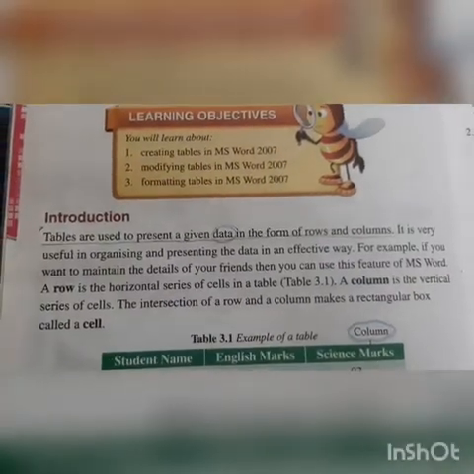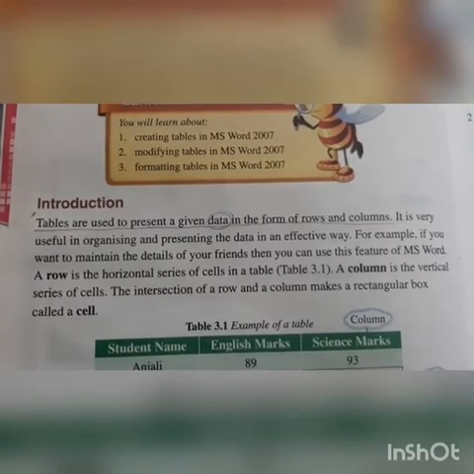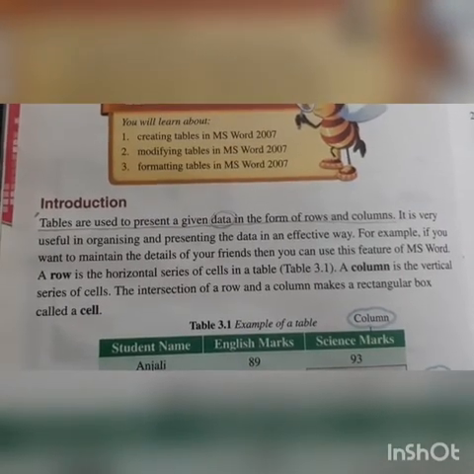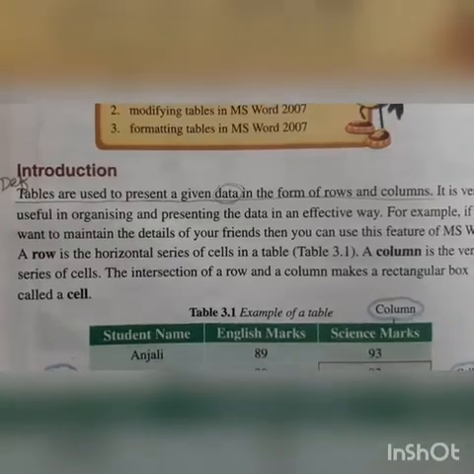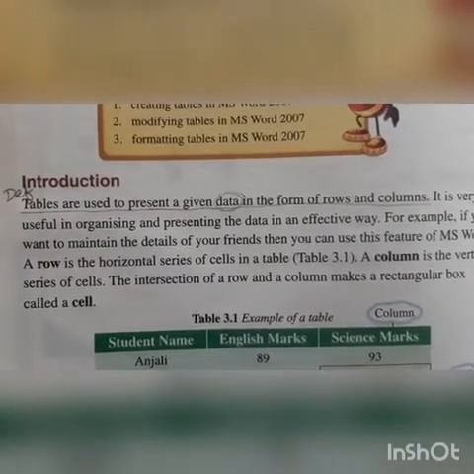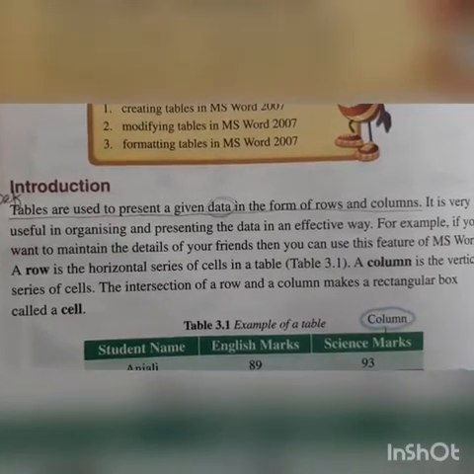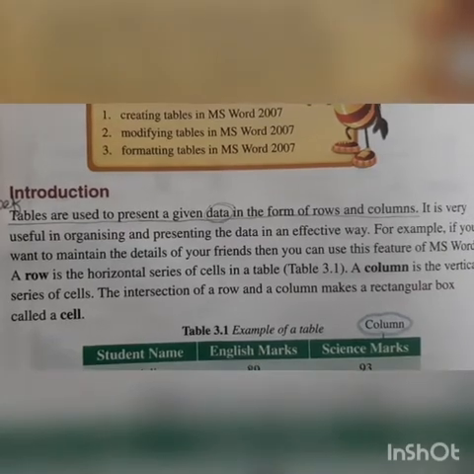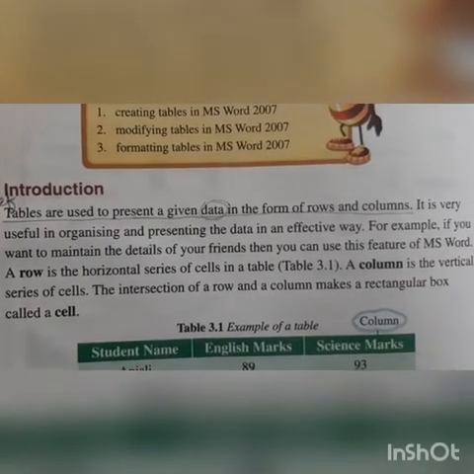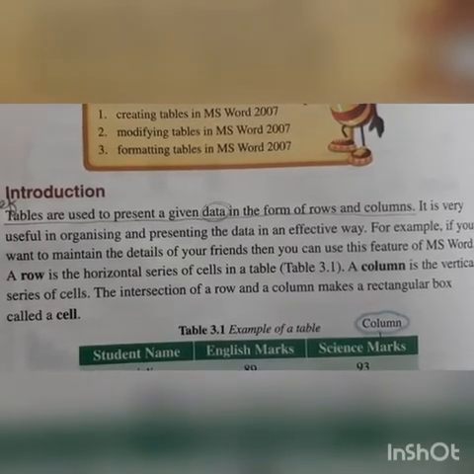Introduction. Tables are used to present a given data in the form of rows and columns. This is the definition of a table. It is very useful in organizing and presenting data in an effective way.